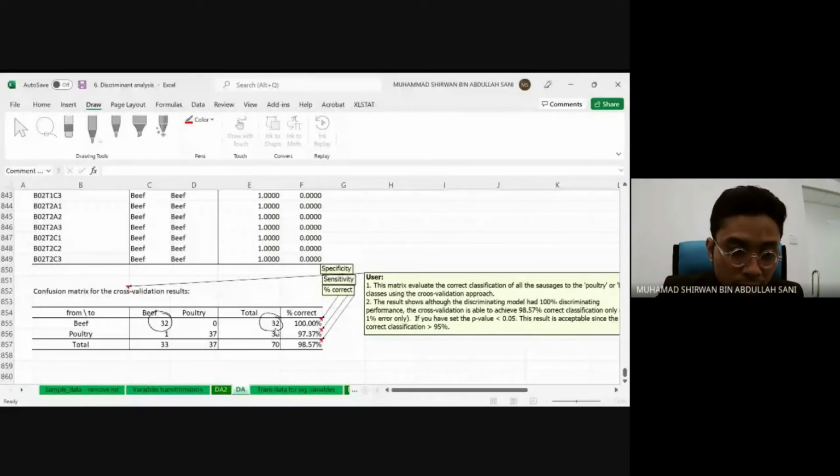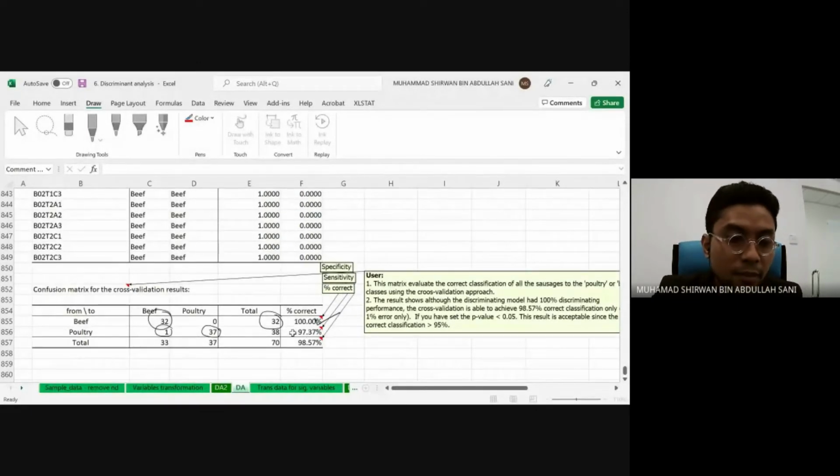However, for poultry, out of 38, only 37 are poultry and one is suspected as beef. So the correct classification has changed to 97.37. So our average is 98.57. So this discriminating model, what happened to it?